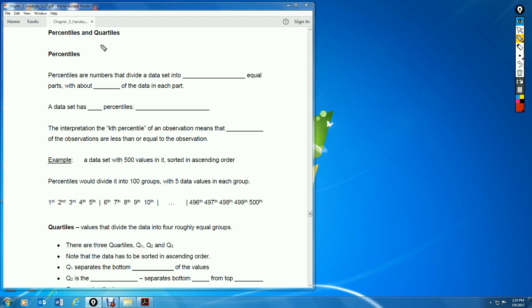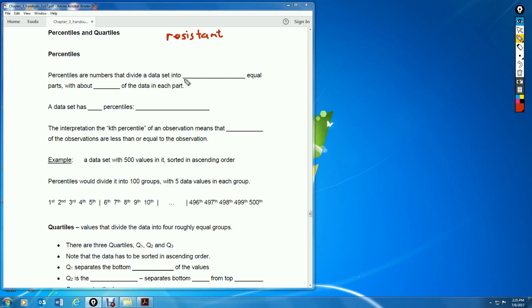They always report back what percentile you were in. And just a note right off the bat is that percentiles are a resistant data measure. Okay, resistant. They are not affected by extreme values.